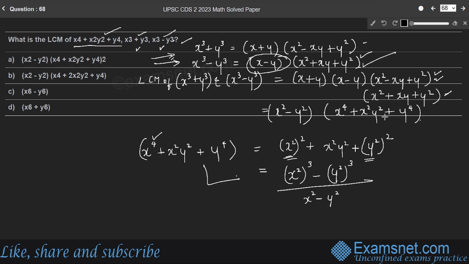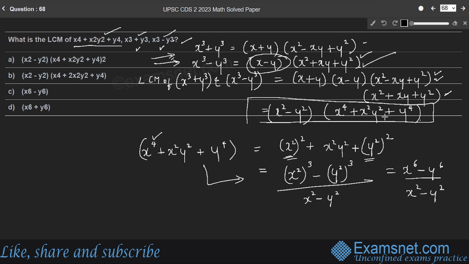Therefore, the first term can be written as x raised to 6 minus y raised to 6 by x square minus y square. Therefore, the LCM of the last two terms is this one, whereas the first term is this one, where the common part is x raised to 4 plus x square y square plus y raised to 4.